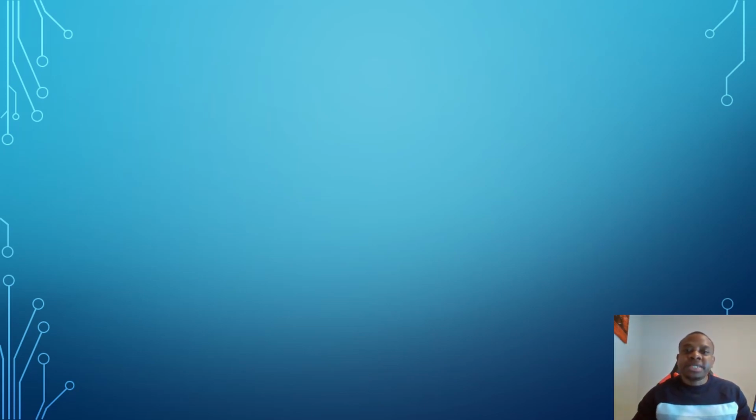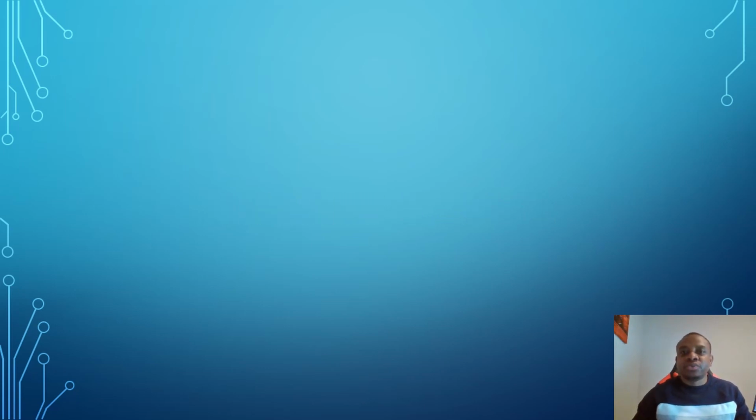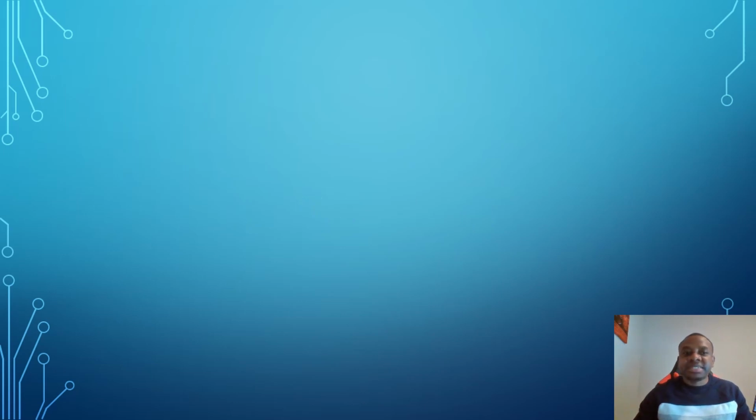We're going to take a quick glance at the NIST 800-37 Rev 2, NIST Risk Management Framework. Now we're going to look at the NIST RMF steps. The first step under the NIST Risk Management Framework is the prepare step. The objective of the prepare step is to prepare the organization to manage its security and privacy risk using the risk management framework.